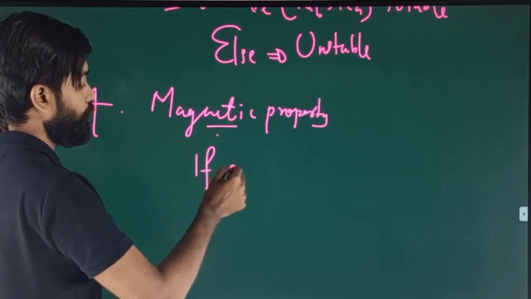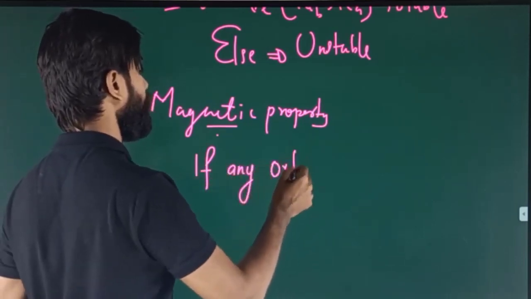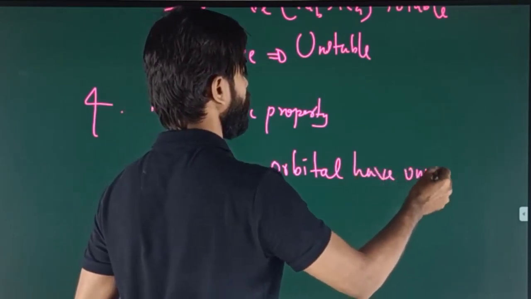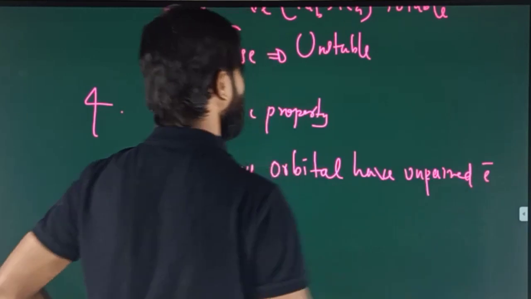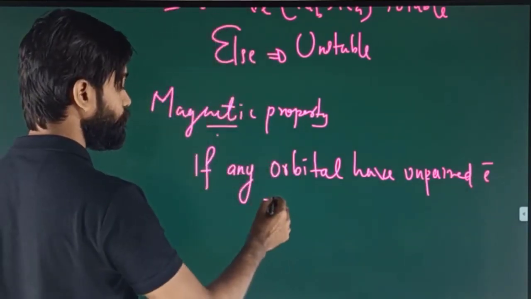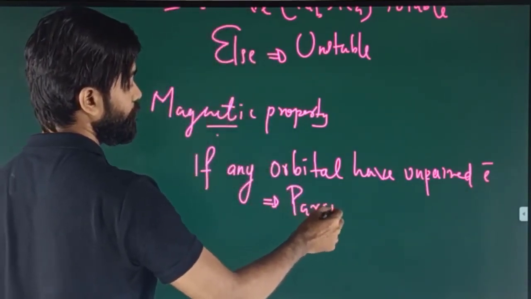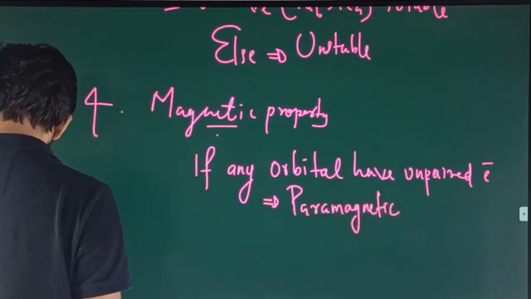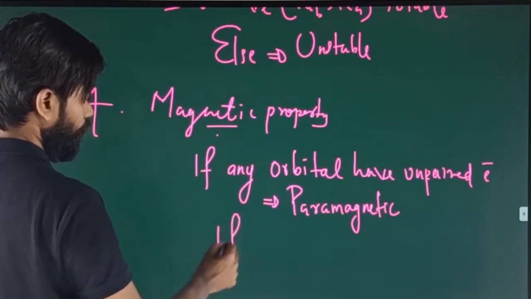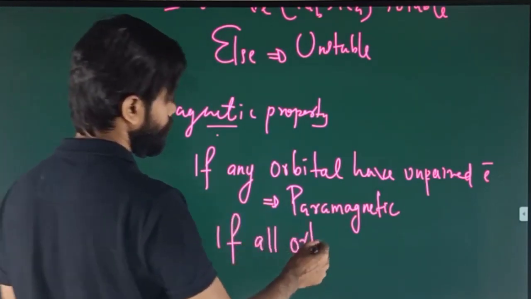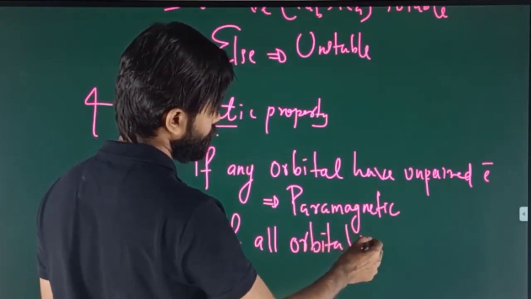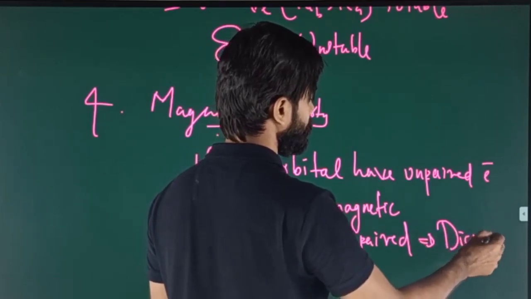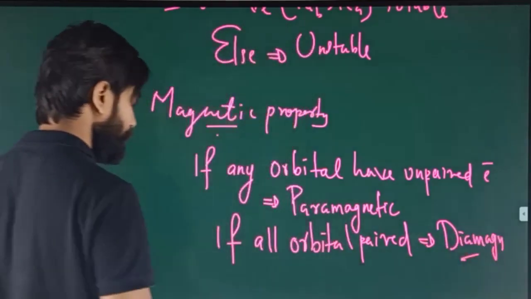If any orbital has an unpaired electron, what happens? Then it is paramagnetic. If all orbitals are paired, then that is said to be diamagnetic. Then the molecule is known as diamagnetic.